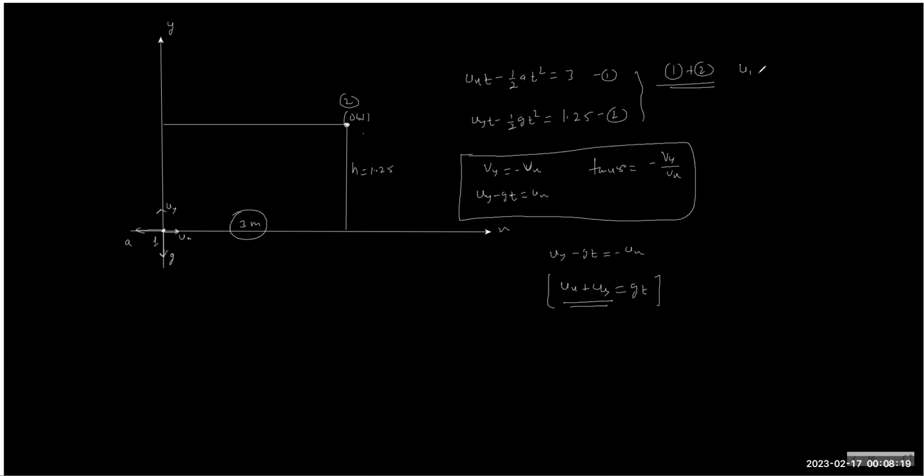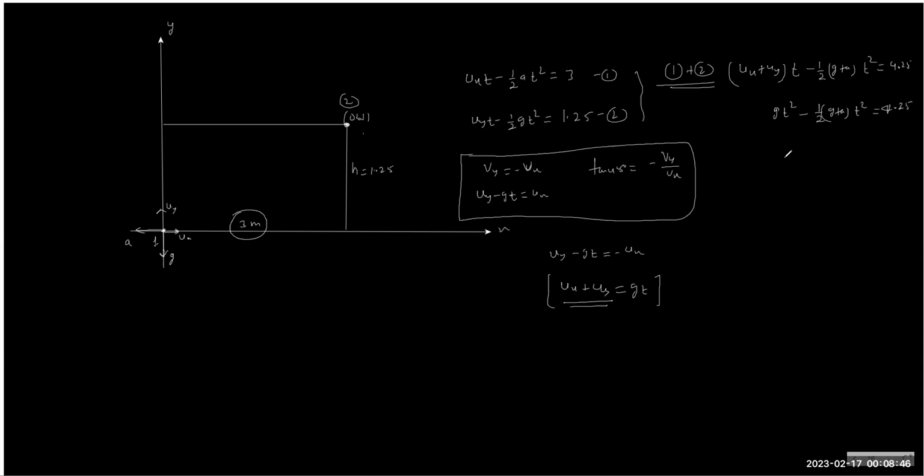So if you add 1 and 2, you get Ux plus Uy into t minus half g plus a into t square is 4.25, right? So this is gt square minus half g plus a t square is 4.25.